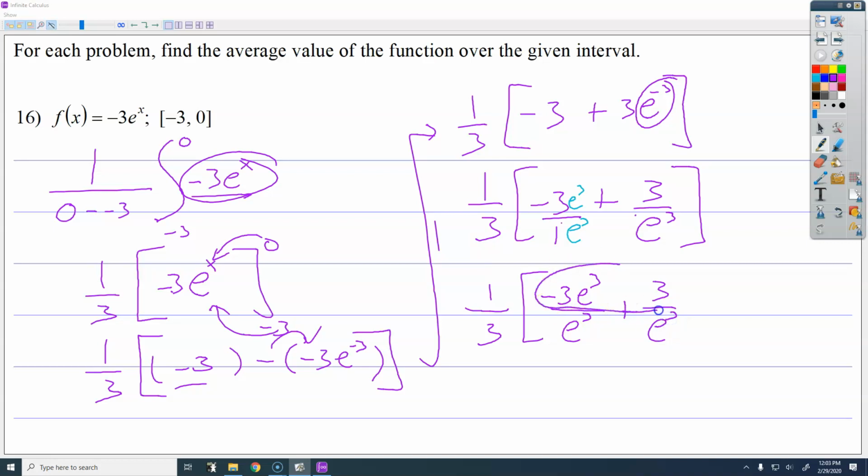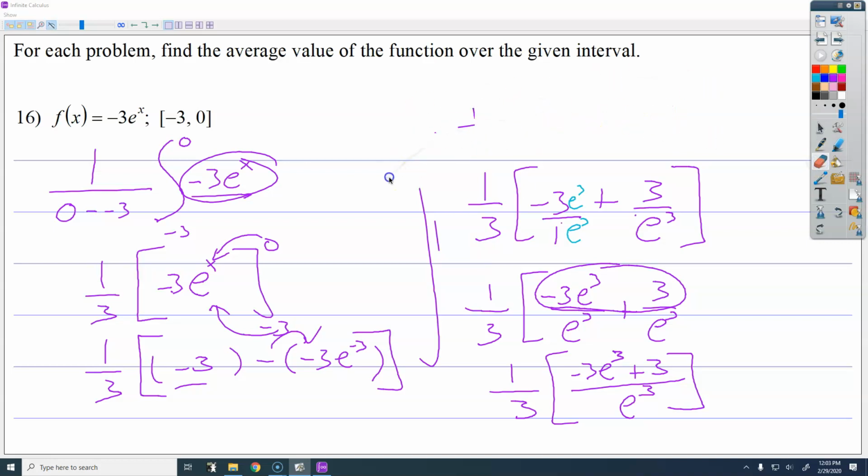I'm going to combine the tops together here now, and we'll have one fraction. Now we still have this 1/3 on the outside here. So this 3, so a few ways you could do this, but basically the 3 is just going to reduce the fraction by 3, right?